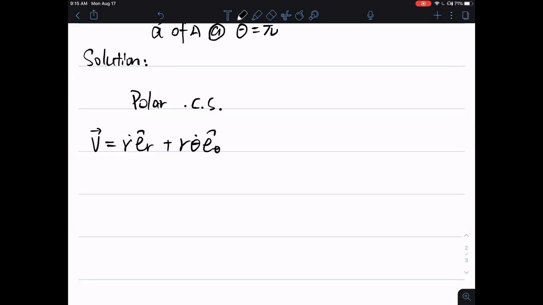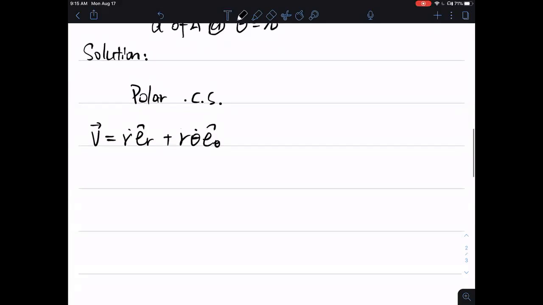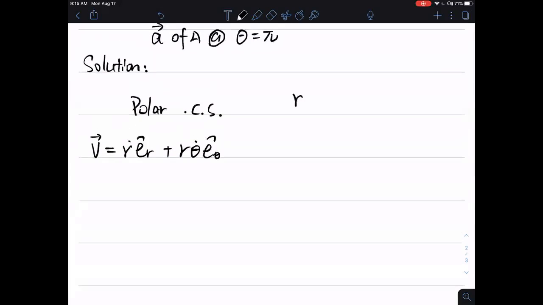So the next task for you is to find out what is r dot, what is r and theta dot. I think r and theta dot are very straightforward. They're given right there in the given conditions. The question is, what is r dot? How to find r dot?